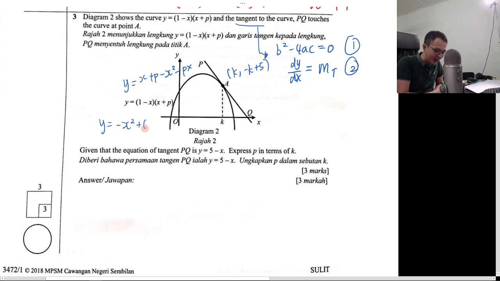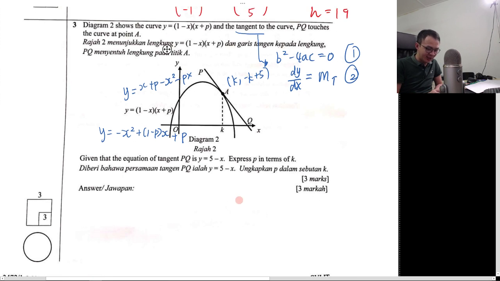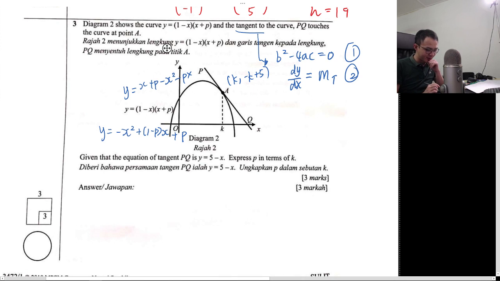I factorize out x: 1 minus p times x plus p. Since there's an unknown here, I guess both methods we can try, but we need a k, right? I guess I will do the dy dx in this case. I use the second method here.